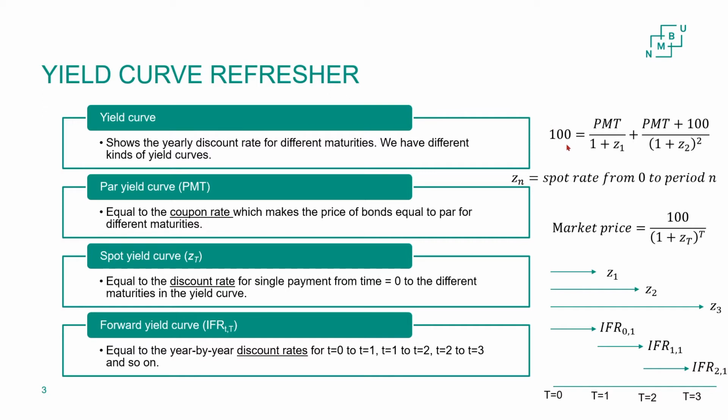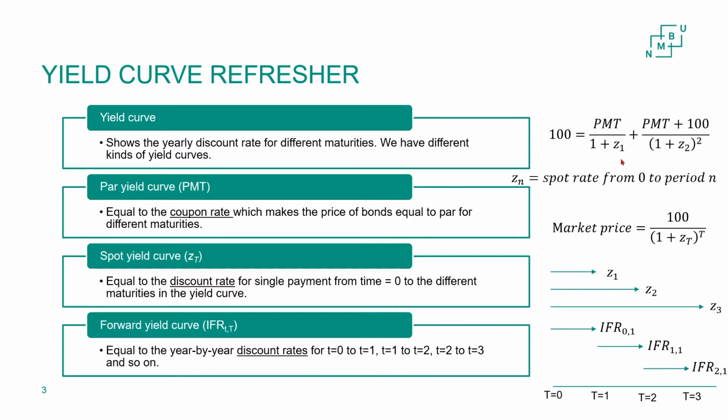So what do we have here? We have the assumption that the price of the bond should be set to 100, and we have the future value of the bond, which you have to repay.